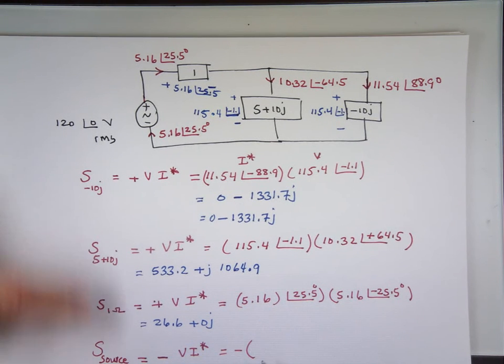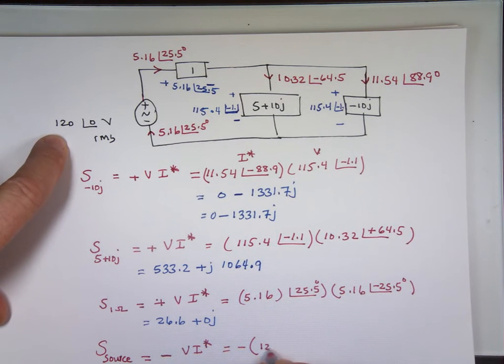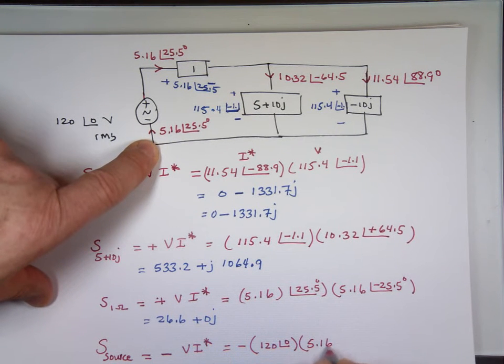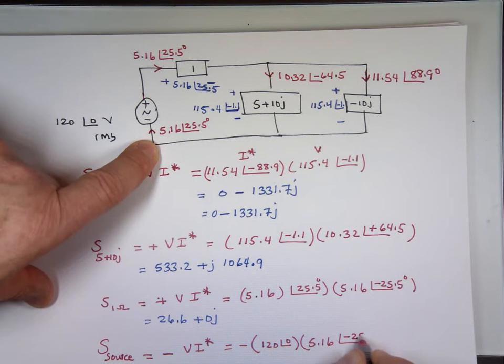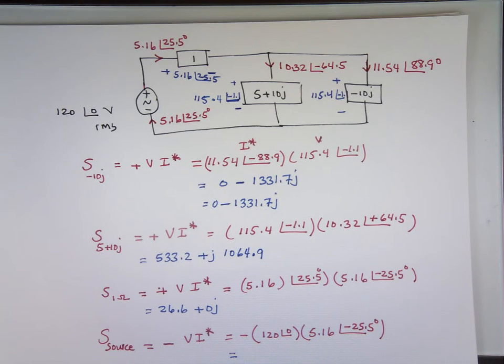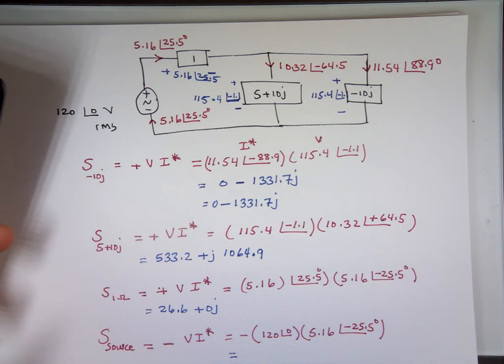What's the voltage? 120 angle 0 times the conjugate of the current, which is 5.16 angle negative 25.5. The minus sign will give us a phase shift of 180 degrees. Negative 120 angle 0 times 5.16 angle negative 25.5.